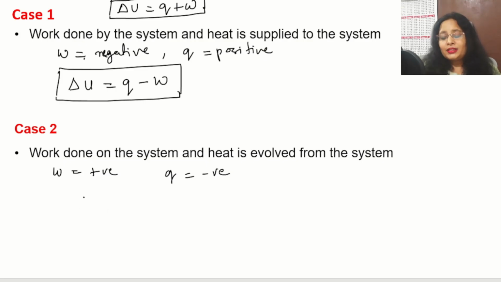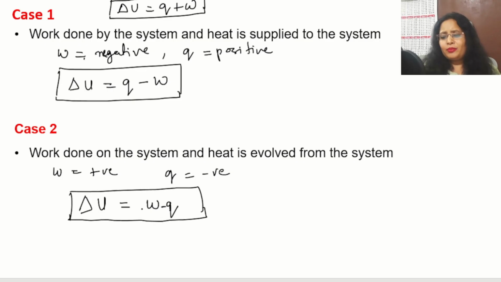In that case, change in internal energy is equal to W minus Q, or we can say plus W minus Q. That is also correct. So these are the few changes we are making in the first law of thermodynamics while going through different processes or different types of conditions.